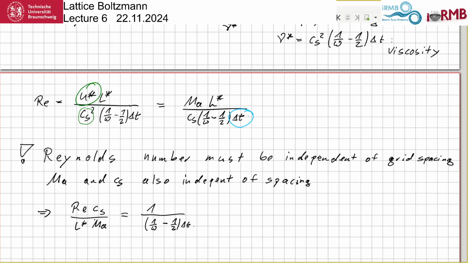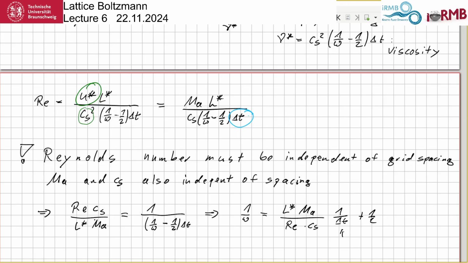Yeah? So then obviously the right must also be constant, and this means for 1 over omega that this is L star Mach divided by Reynolds times CS. So this is the constant part divided by 1 over delta t plus 1/2.